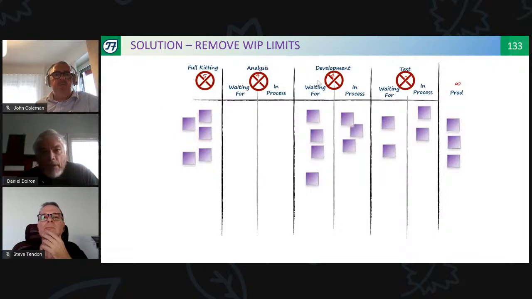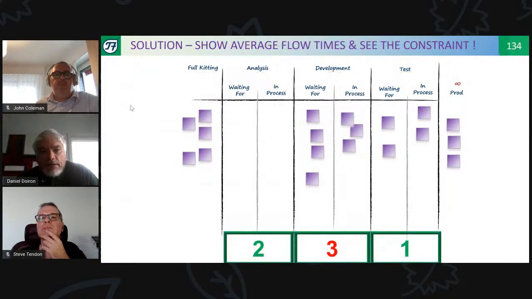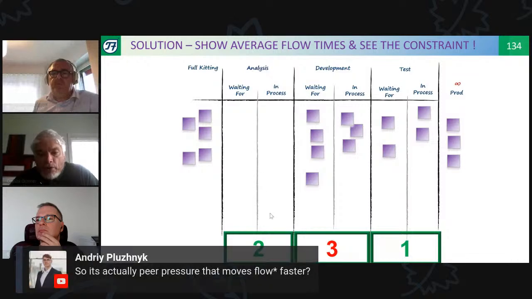So basically, we suggest that we get rid of the column WIP limits when you're ready, and instead pay attention to the average flow times within each functional activity of the workflow.